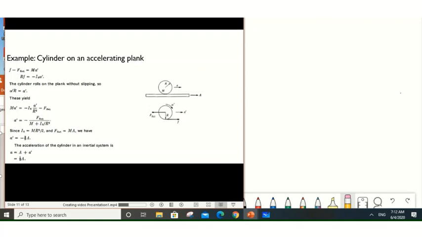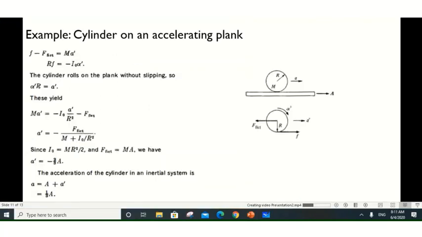We solve this problem with respect to a non-inertial frame. For this we fix a frame on the plank moving with a uniform acceleration capital A. Let small a be the acceleration of the cylinder with respect to an inertial frame, and a dash be the acceleration of the cylinder with respect to the non-inertial frame fixed to the plank.